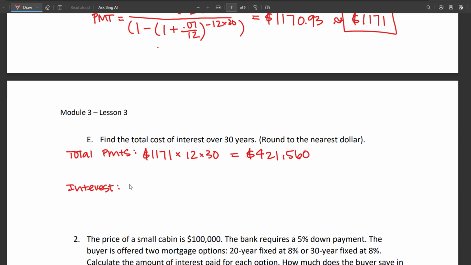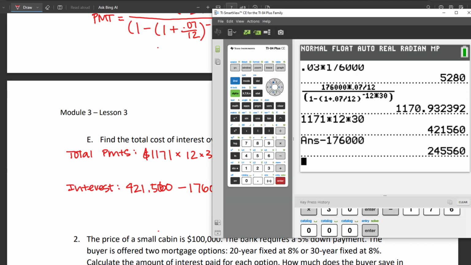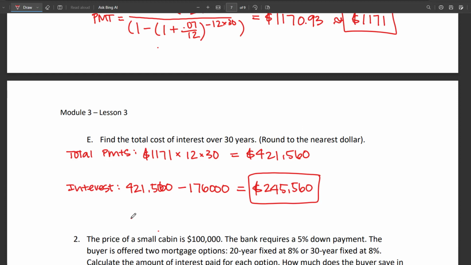Our interest, we take that $421,560 and subtract our loan amount of $176,000 gives us $245,560. Lot of money in interest.